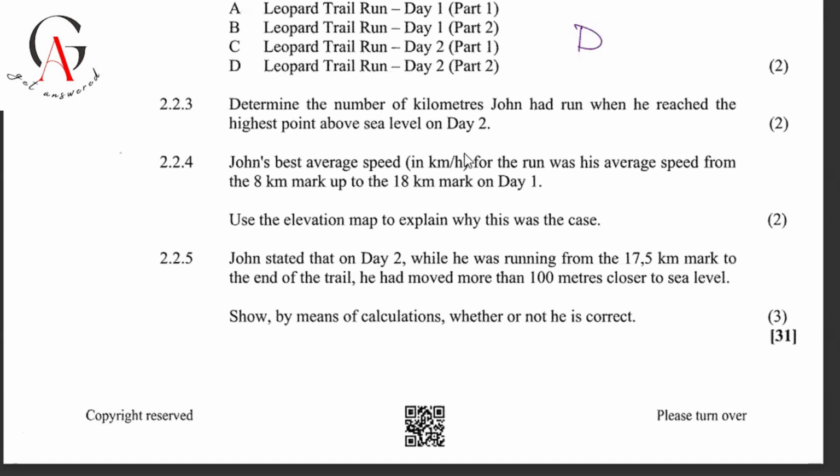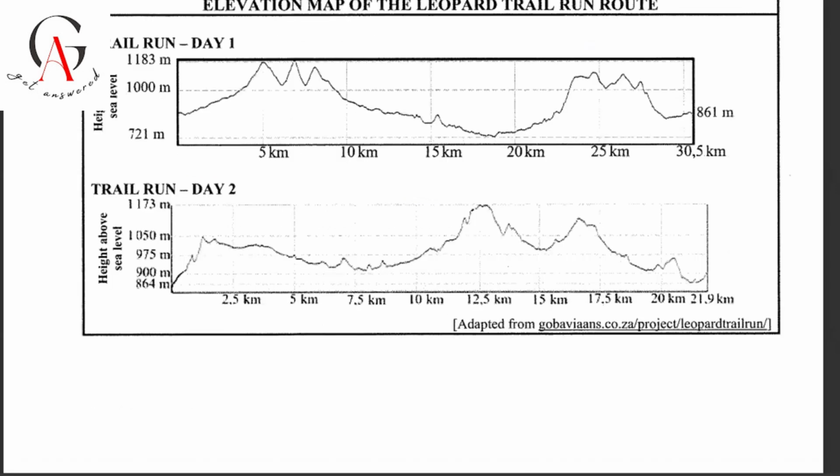But these two are not showing on the elevation, not even showing on the map. So this question has some missing information. Use the elevation map to explain why this was the case. Now, when you look at the elevation map, there's no way we see 8. There's no way we see 18. Because this is 20, this is 15, 10, and 5. So there's nothing like that.